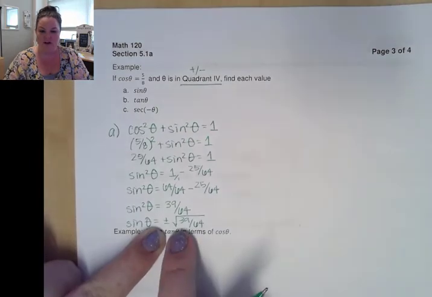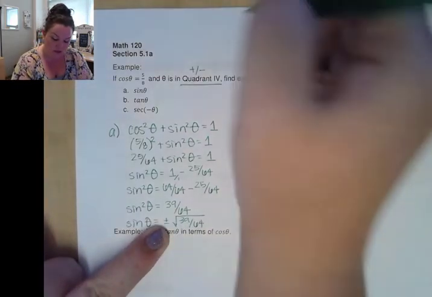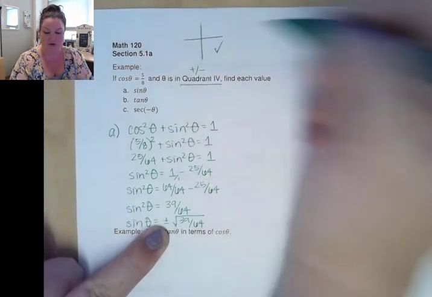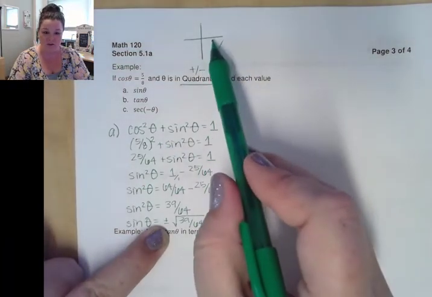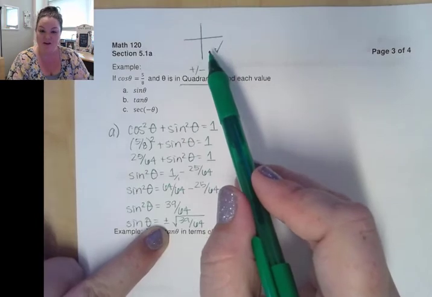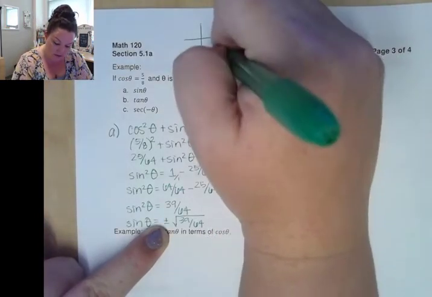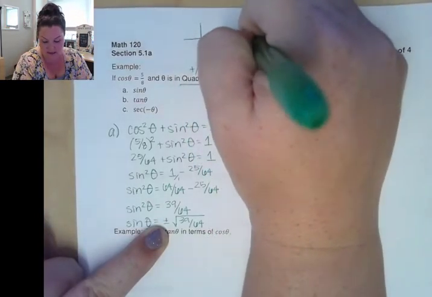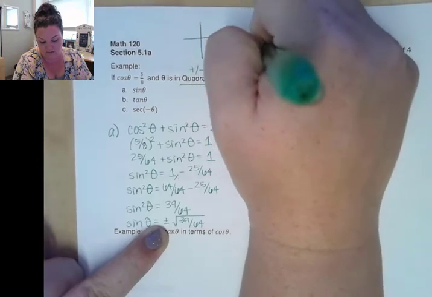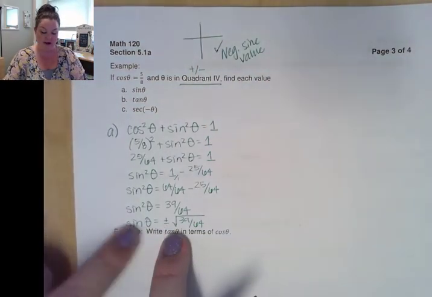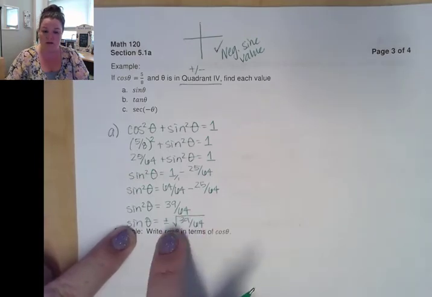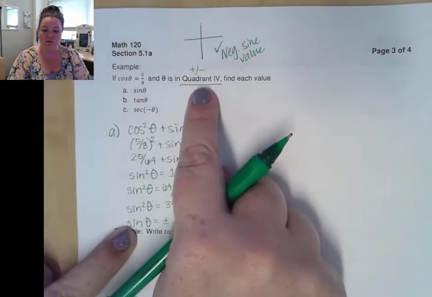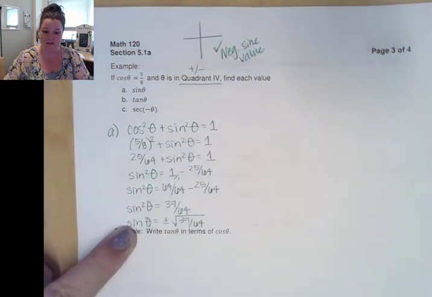So we're trying to figure out our sine value. If we're down here in quadrant 4, our y values, or our sine values, are going to be negative. So even though I need to do plus or minus when I'm solving, when I take the square root, since I know it's in quadrant 4, I'm only going to take the negative answer.